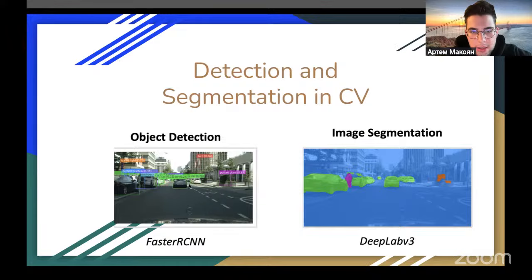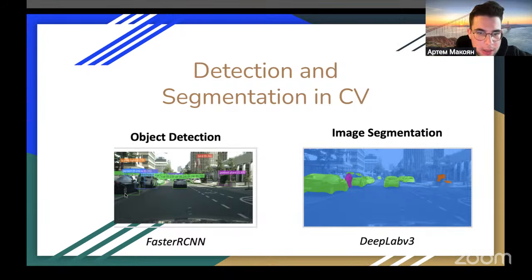Our task is to detect some objects. For example, on the left you can see an image where cars are detected. Not only cars, potted plant, but let's check cars. So the idea is to put the object inside a bounding box.